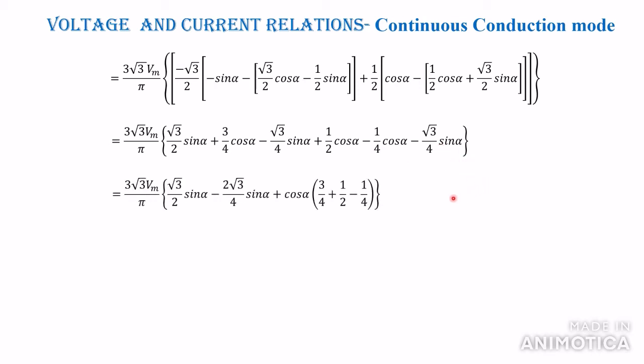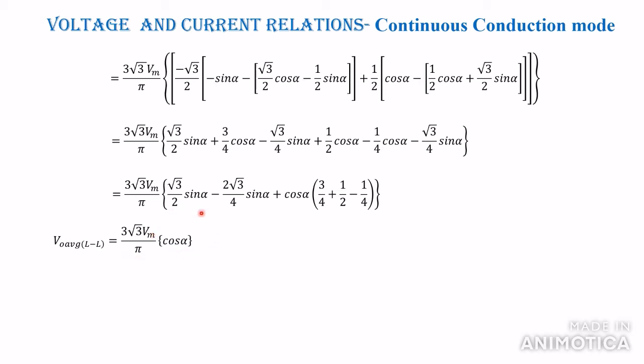So on further simplification, this can be written as root 3 by 2 sine alpha minus 2 root 3 by 4 sine alpha, and cos alpha into 3 by 4 plus 1 by 2 minus 1 by 4. So now finally we will be getting the answer for V naught average value, 3 root 3 Vm by pi into cos alpha.